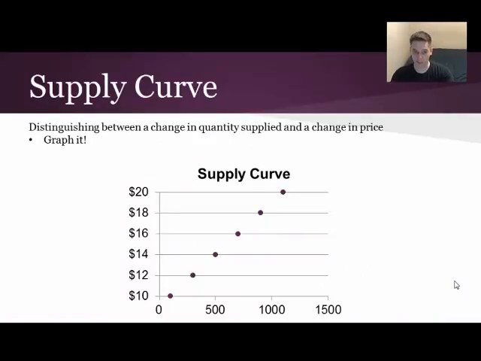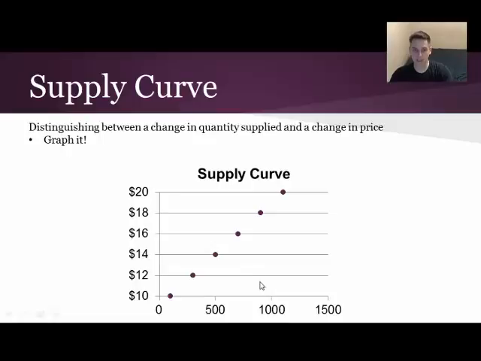So supply curves. Again, this is a way you can graph it, just like with demand curves, to distinguish changes in quantity supplied and the change in price. So now at each price point, we're talking about DVDs still, sold in millions per year. At $20, you'll see the supply curves are actually going up instead of going down.